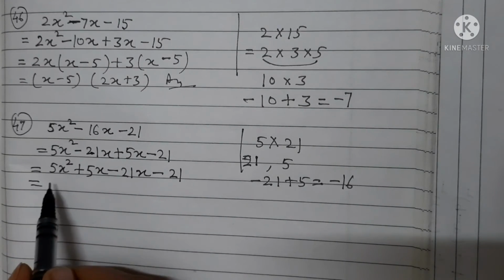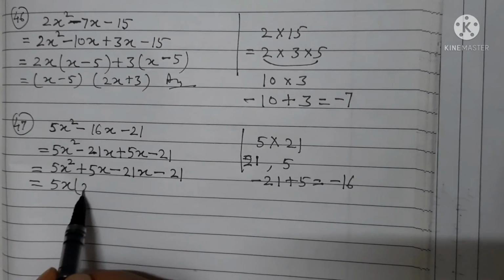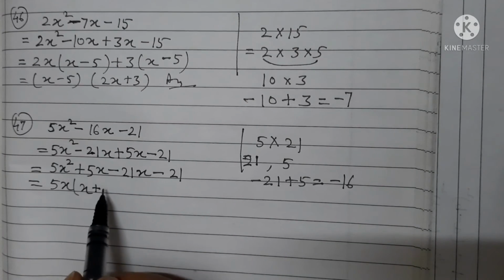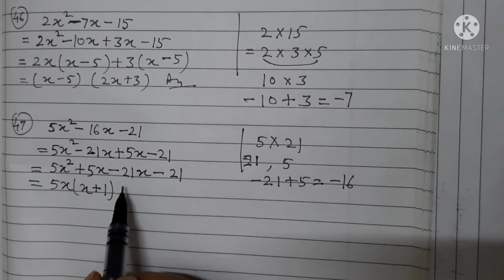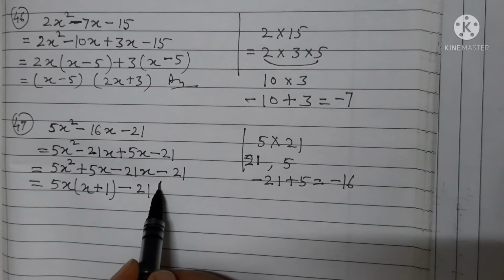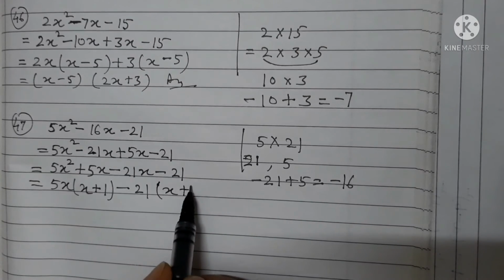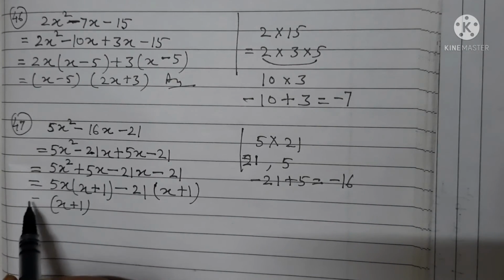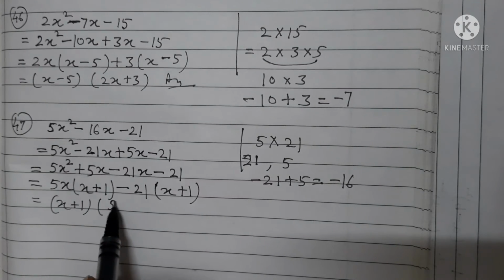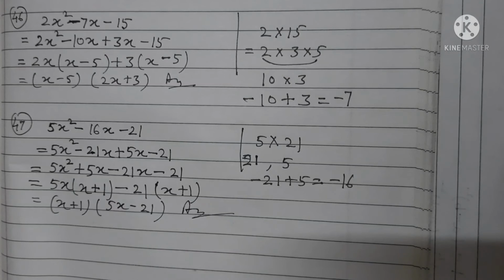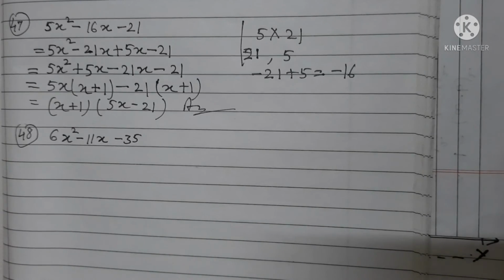So take common easily, 5x common, x plus 1, and here take common minus 21. So in the bracket x plus 1, and x plus 1 is common from both the terms, and 5x minus 21. Answer. Next question number 48.